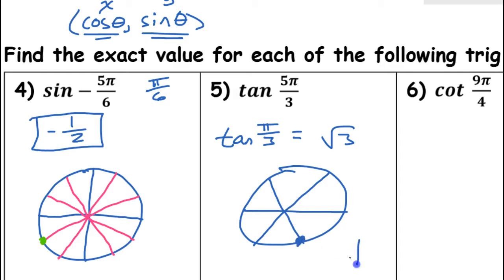Now, tangent is positive in the first quadrant and the third quadrant, and tangent is negative in the second quadrant and the fourth quadrant. Memorize that. So tangent is negative here in the fourth quadrant. So therefore, we're going to choose negative radical 3 for the answer.